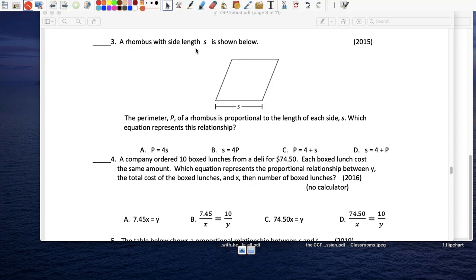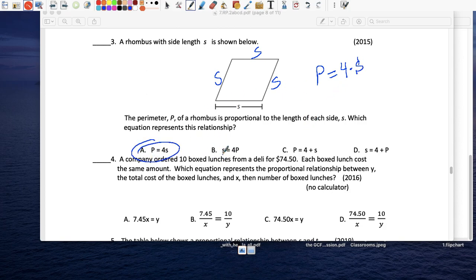The perimeter of the rhombus P is proportional to the length of a side. So the perimeter, okay, which equation represents this relationship? So if this is S, that's S, this is S, and this S, so it's 4, the perimeter is always going to be 4 times whatever the side is. So there's your equation.